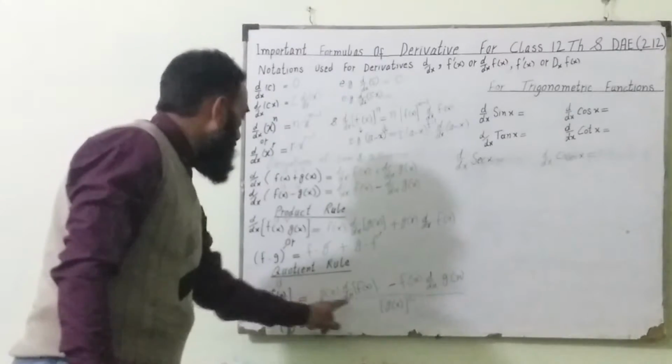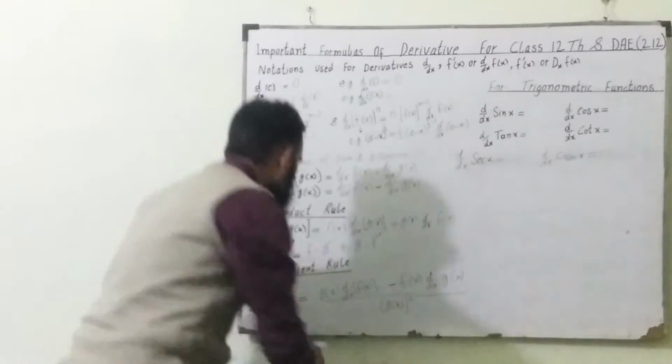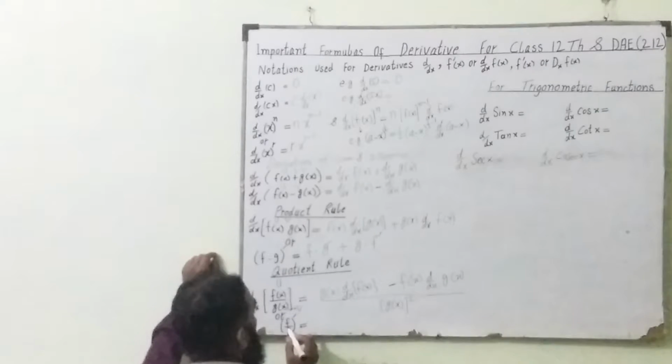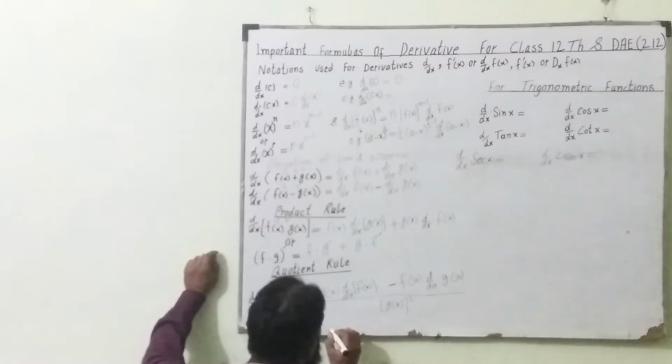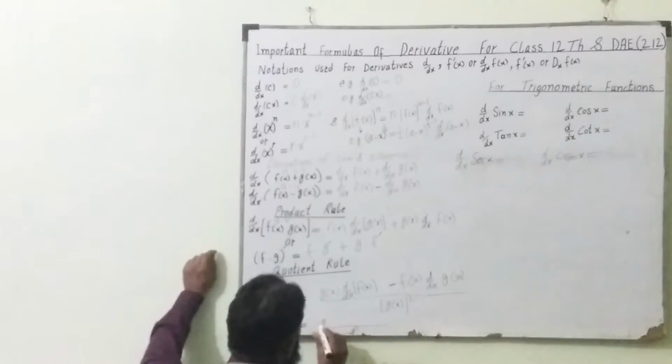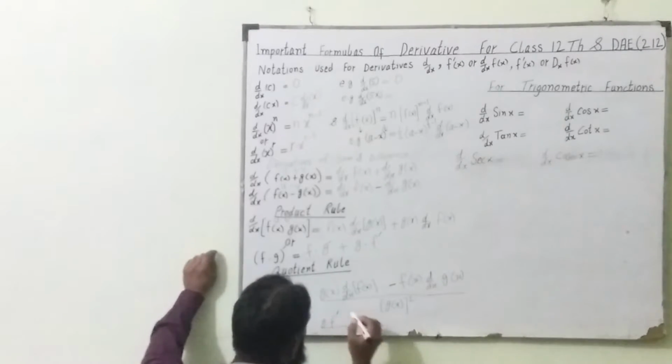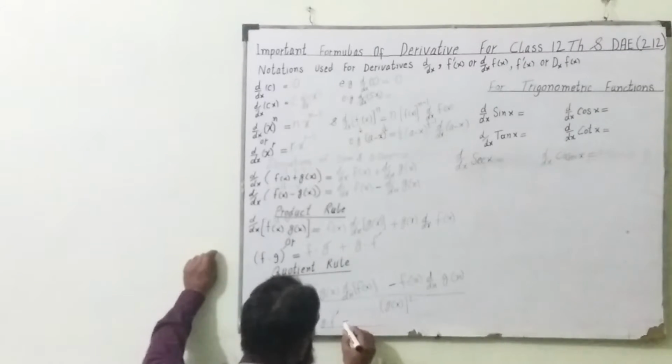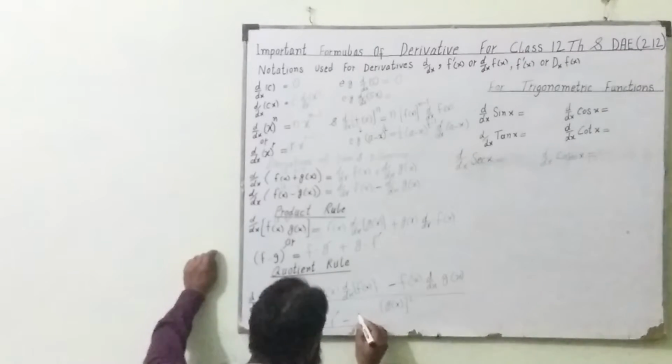And for this formula we can also use f upon g whole dash. Here square of the g is the same, dot derivative of the f minus, and after this f is the same and the derivative of g.